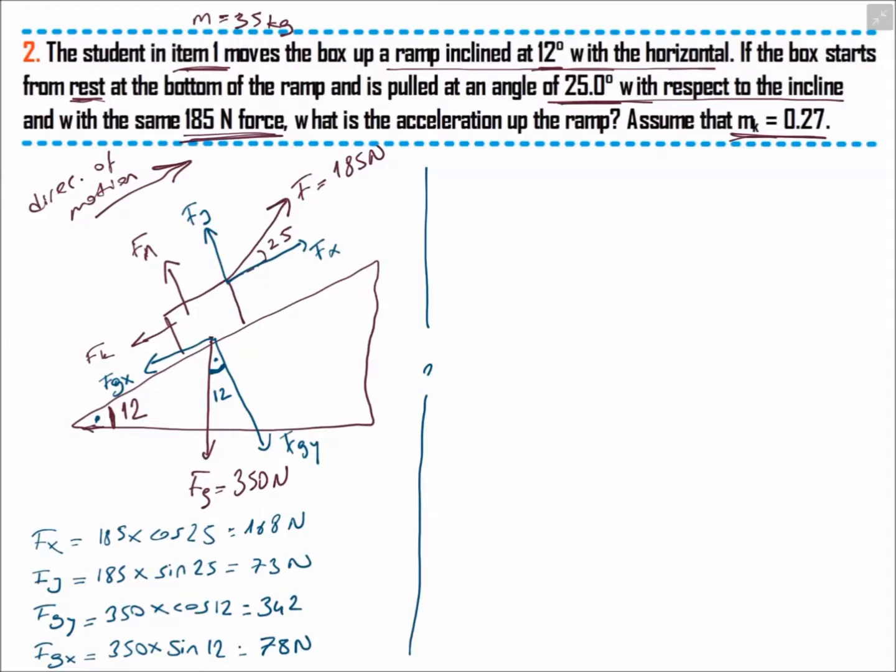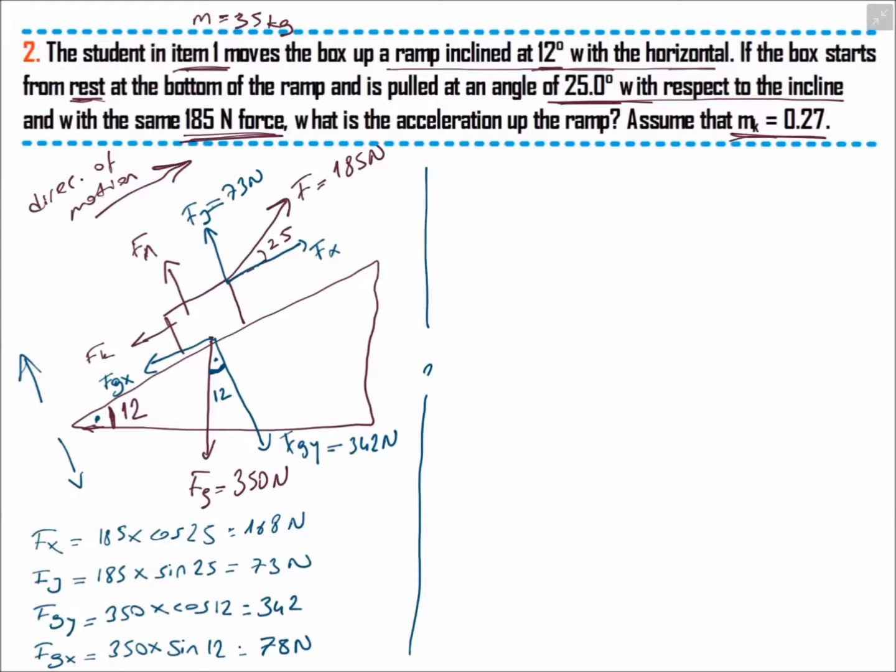Next step, we have to calculate the normal force. In this direction, we have Fy, which is 73 Newton, and we have Fn. In the downward direction, we have Fgy, which equals 342 Newton. The forces in these two directions must be equal to each other.